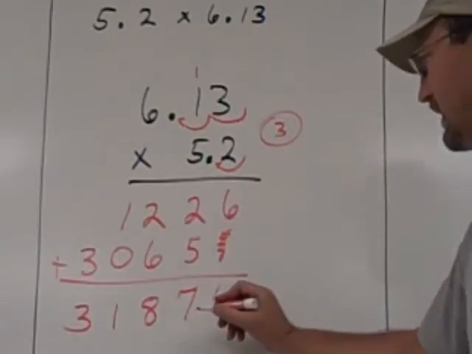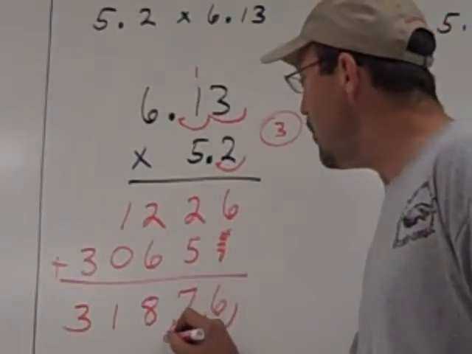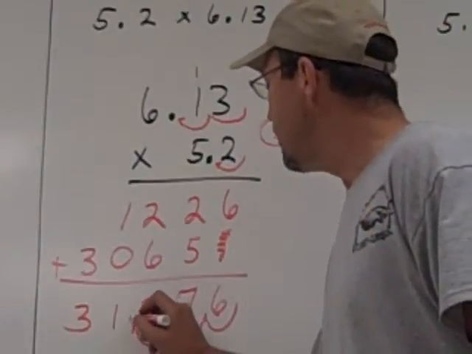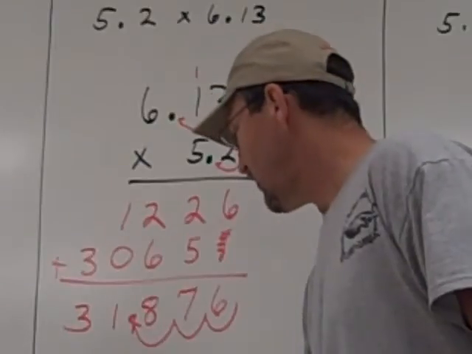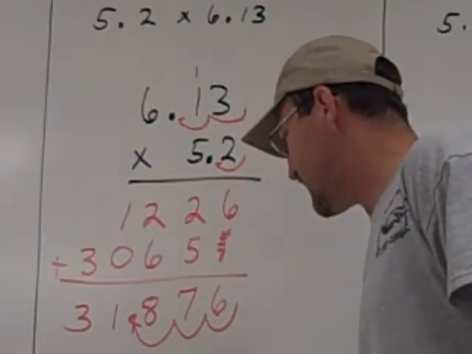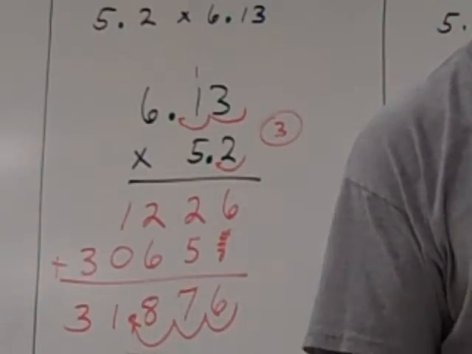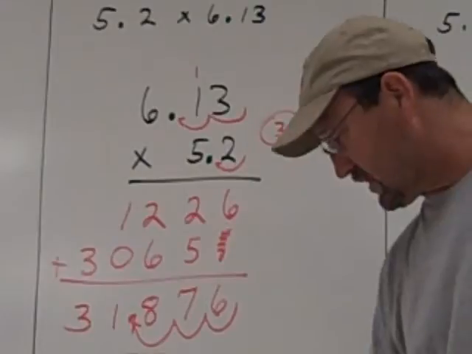Now come down to your answer and go 1, 2, 3. 31 and 876 thousandths. 31.876.